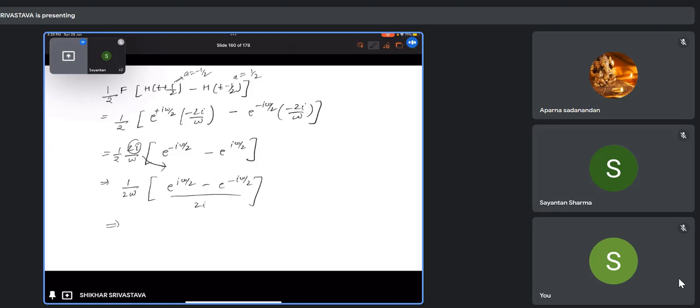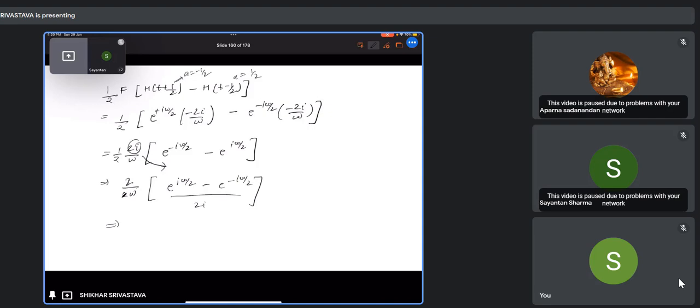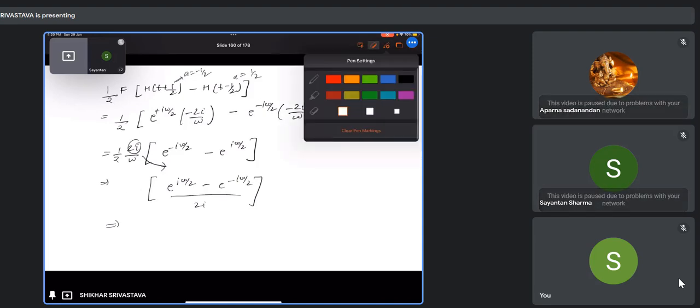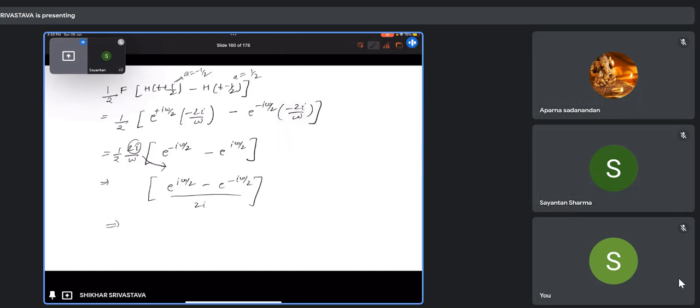Sorry, one mistake. There will be 2 in the numerator because I've taken I just down. So let me correct it. I've just taken I in denominator, 2 is already there, so 2 by omega will become here. This is okay.